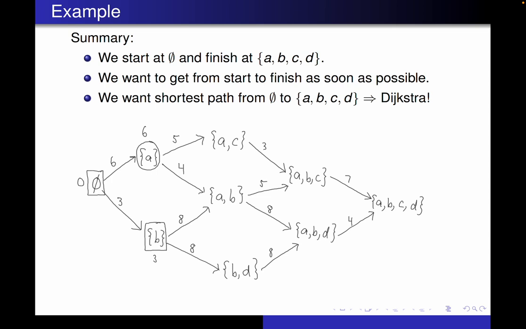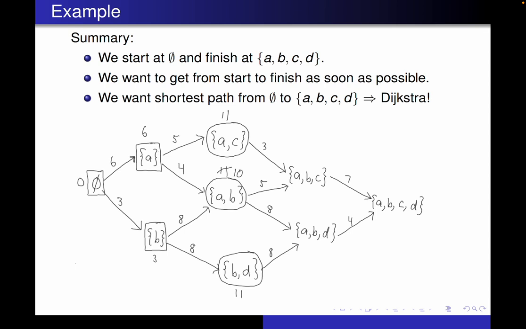Now, if we extend from B in both those directions, we get 11 at AB, we get 11 at BD, and now the shortest one is going to be A, so we get a rectangle around A to make it permanent. That one has a label of 6. Now, we can't extend from B anymore, but we can extend from A. That goes out to AC, that gives us a weight of 11, and going from A to AB now gives us a weight of 10 instead of 11 on AB.